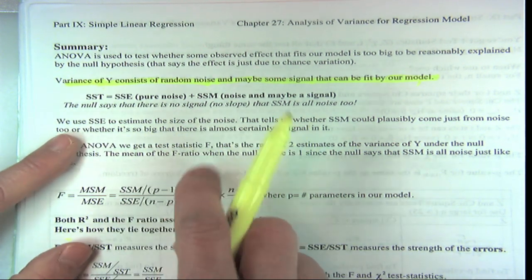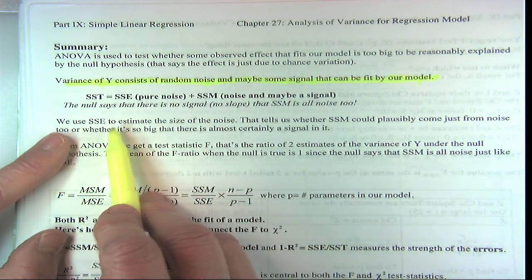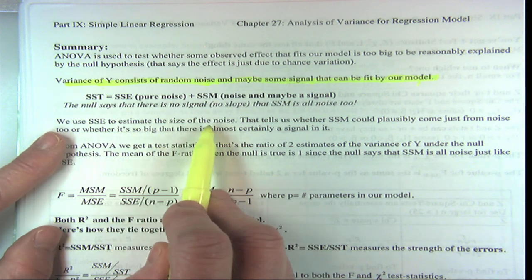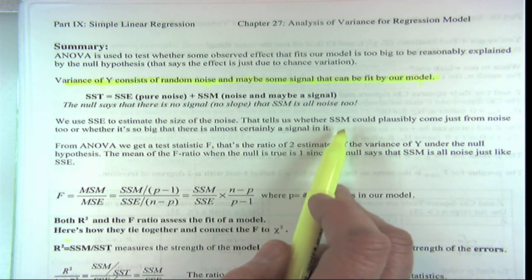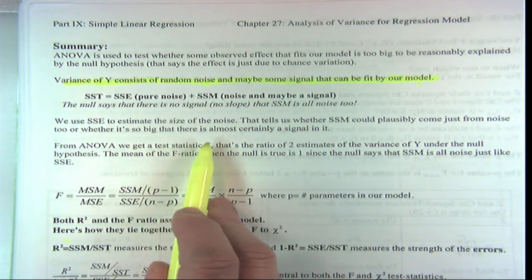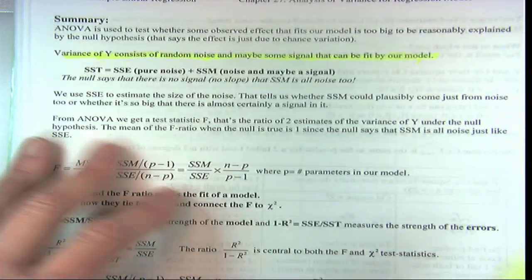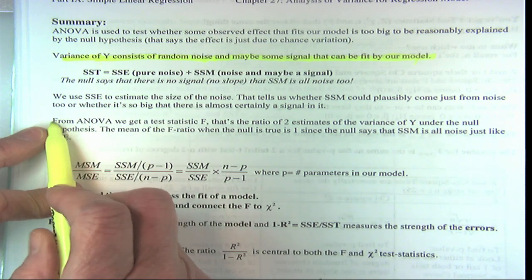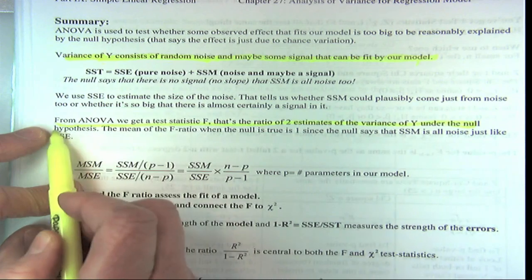It's the ratio of two variances, really. We're using the sum of squares error to estimate the size of the noise. This tells us whether SSM could plausibly just come from noise or whether it's too big, and there's almost certainly a signal to it. Okay. From the ANOVA, we get this test statistic that's the ratio of two estimates of the variance of y under the null hypothesis.